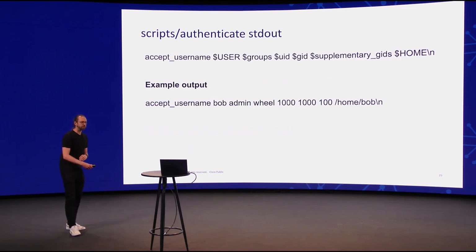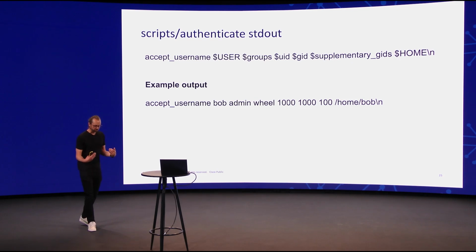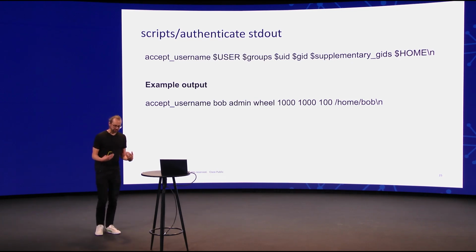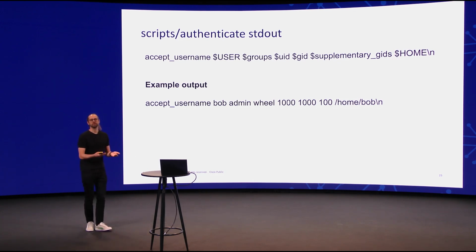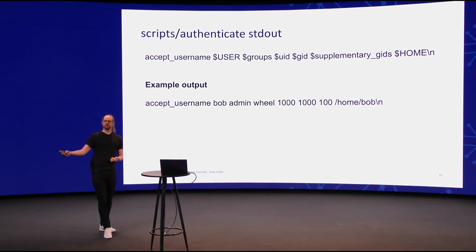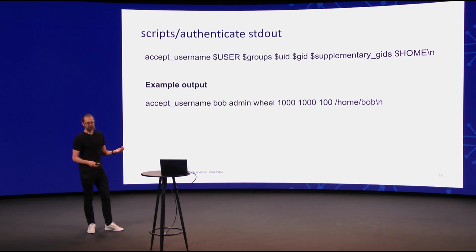And then we could reply with accept username. This is a new call, because in single sign-on, or even if you say over HTTP, you might not supply the username in the call, right? You might go off to some identity provider, log in there, and then get a response back, and this response carries the username instead.